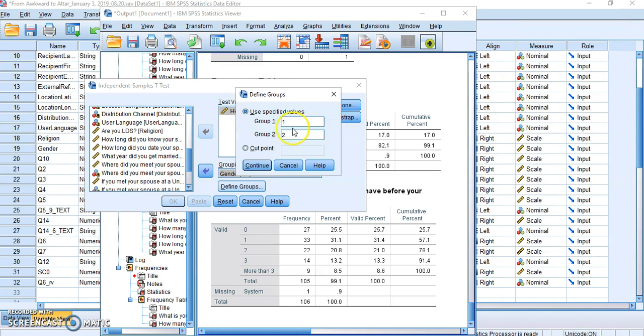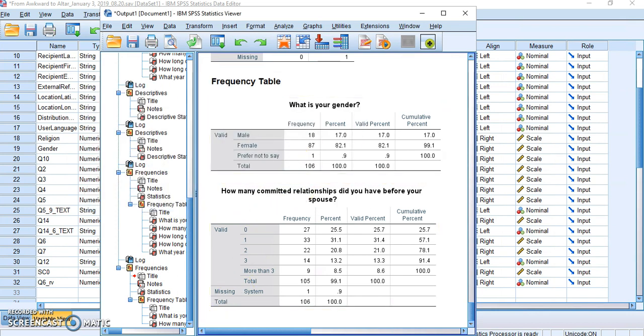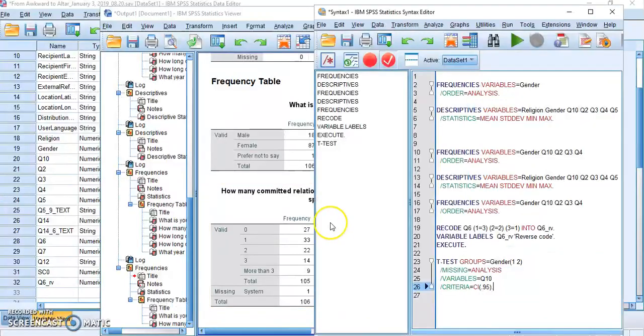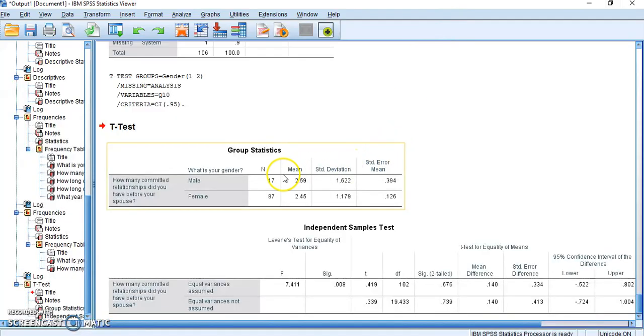And remember, we looked at the data before and saw that males were 1 and females were 2. So look at your data, find out which 2 you want, and then define it. We'll paste it because I might want to run this multiple times. So then I come here, and again, SPSS created the command for you, which is really great. I want to run that, and now we get our output.